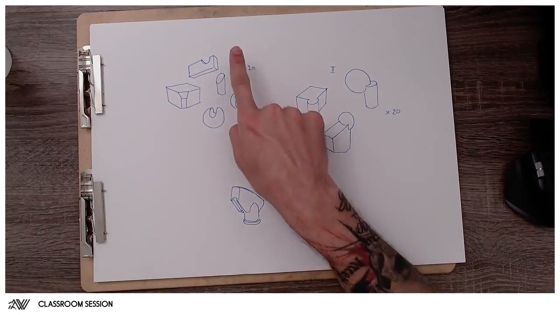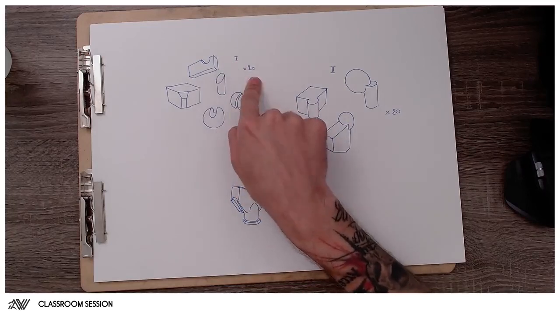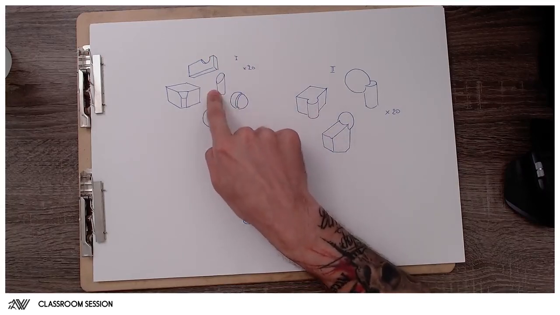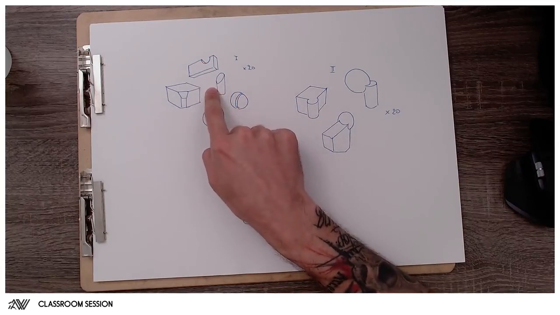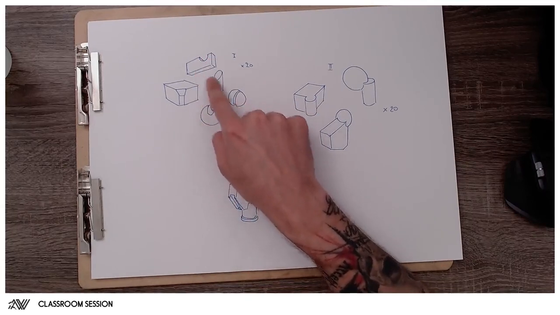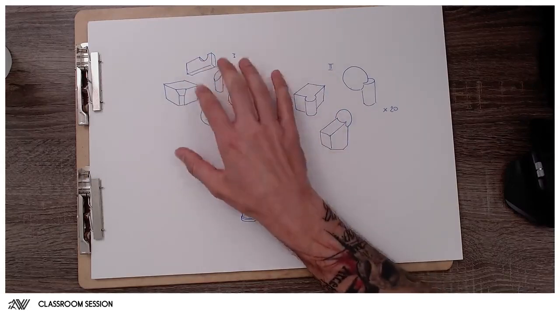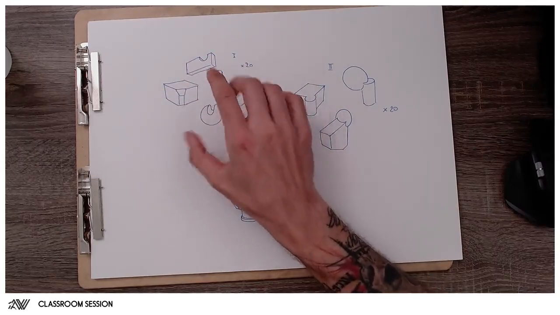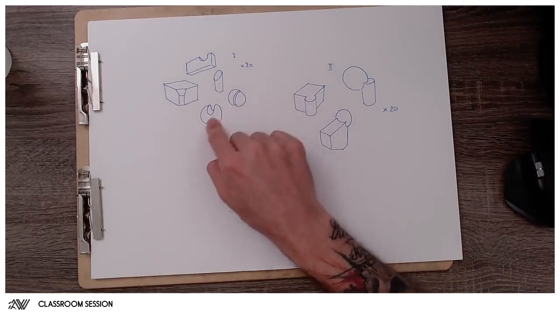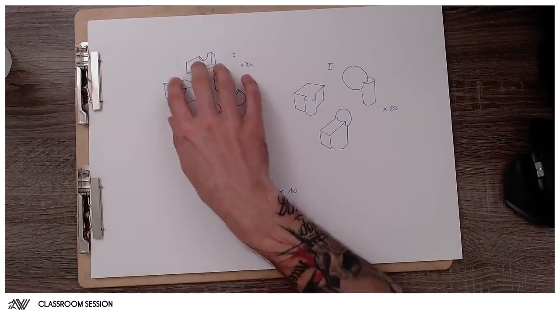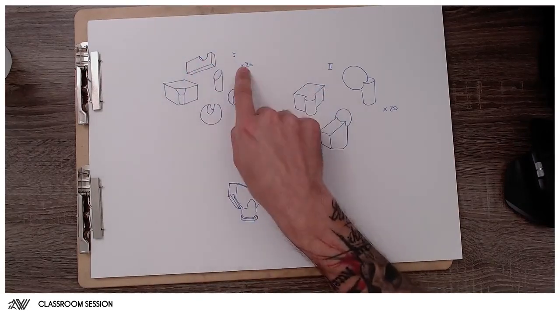In part one, you're going to draw 20 subtracted shapes, right? So simple shapes where simple geometry has been subtracted. So a box interacting with a cylinder interacting with a box, a cutout of a sphere, like you see here. Very simple subtractions, 20 shapes.